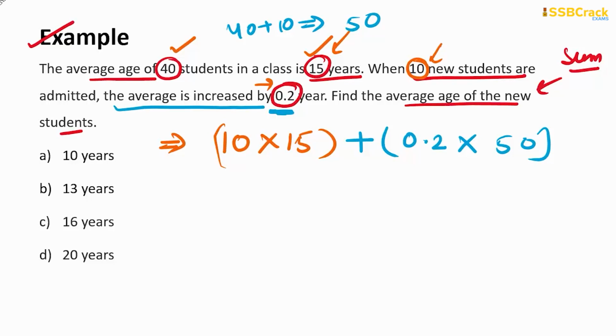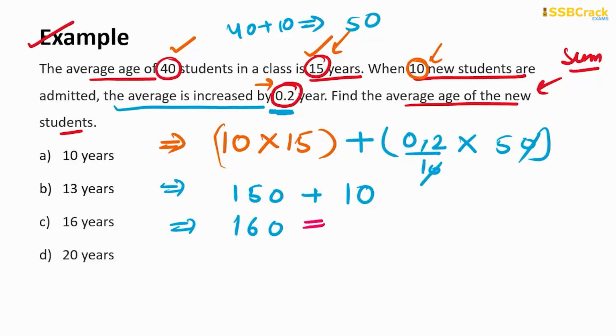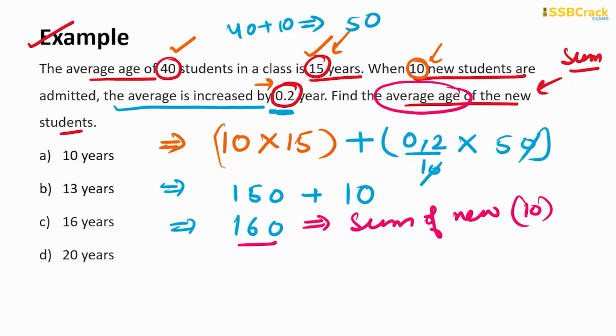So here it will be equal to 10 into 15 is 150, plus 0.2 into 50, where this 10 and this 0 will cancel, so plus 10, right? So it will be 160. So the sum of the ages of the new people, that is the sum of ages of the new 10 students, is 160, and we have to find the average age of those 10 students.